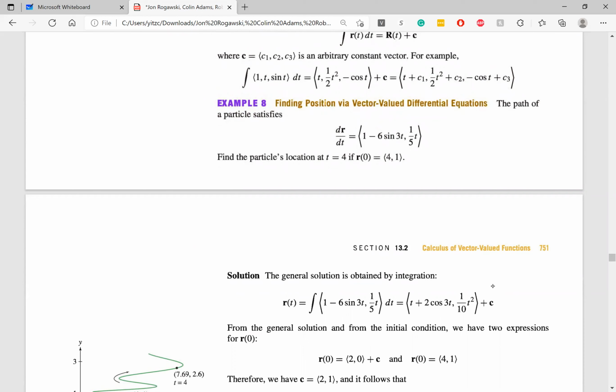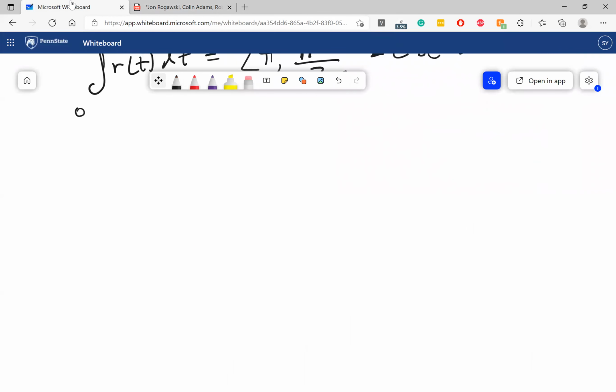So a question that comes up every once in a while on a test, and you'll see it in homeworks, is that you are given the velocity of, let's say, a particle. So let's talk a little bit about velocities and accelerations.